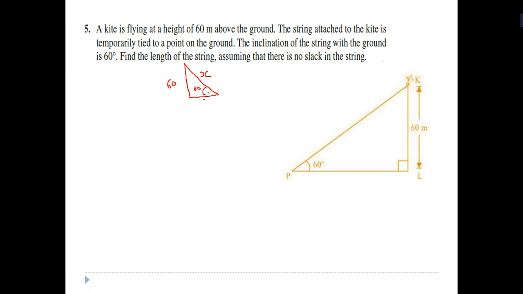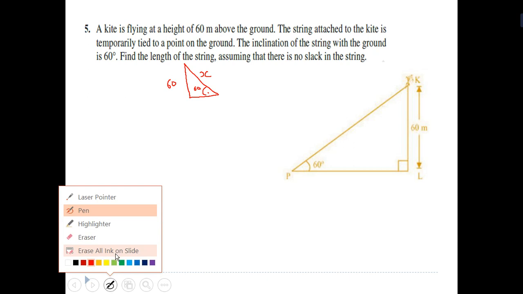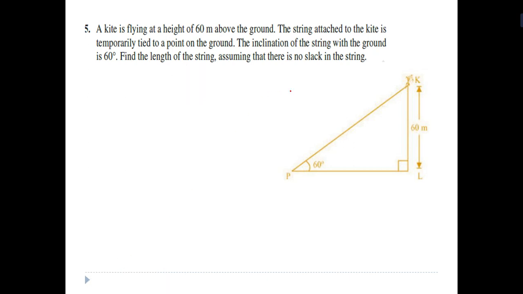So here we have the diagram. Here it is a kite. The height of the kite is 60 meters, and we have to find the string, that is x.